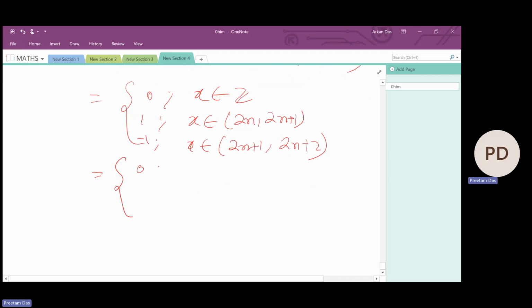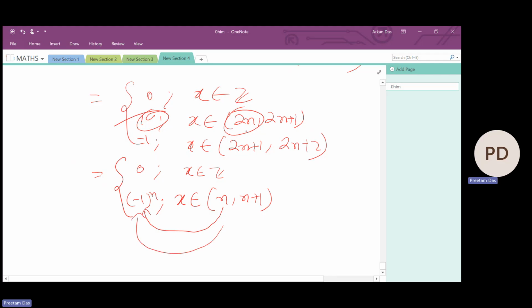What is the best way to represent that? It is minus 1 raised to n. And in both the two intervals, you can see the integers are consecutive. So we can write x belongs to n to n plus 1. Now if n is even, it will be 1, which is correct. And if n is odd, then this will be minus 1, which is also correct.